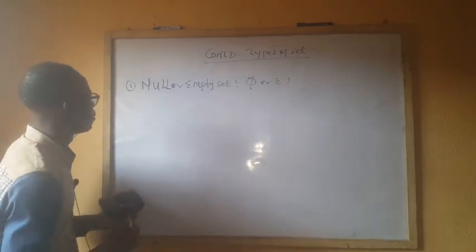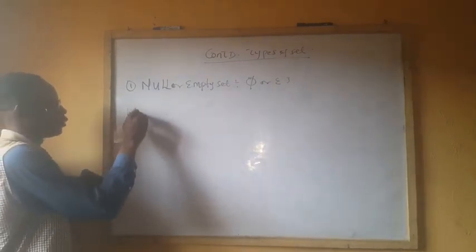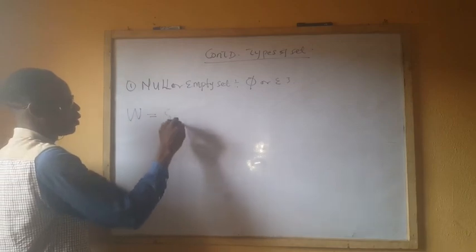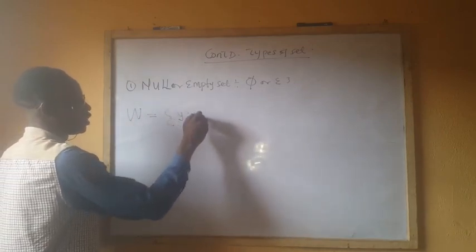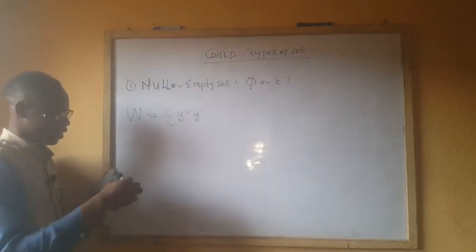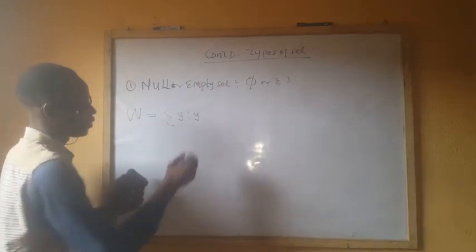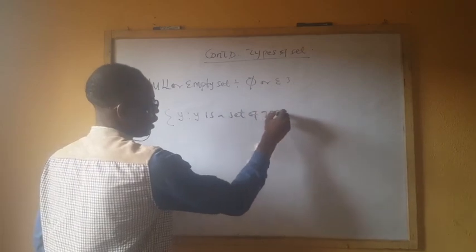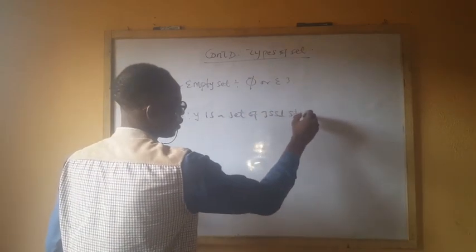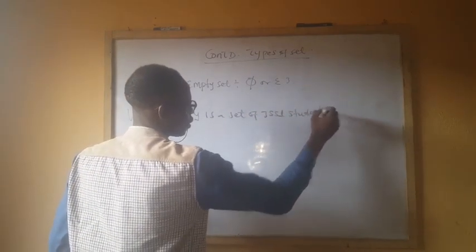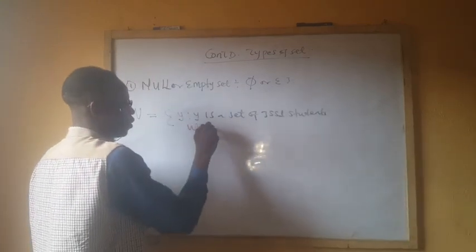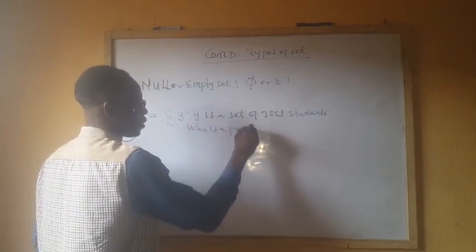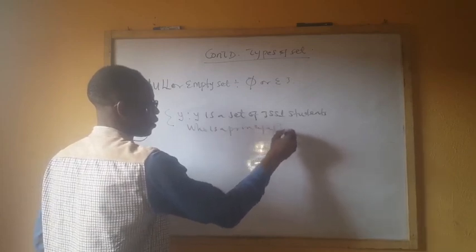So let us consider an example. Given set W equals curly bracket Y such that Y is a set of JSS1 students who is a principal.